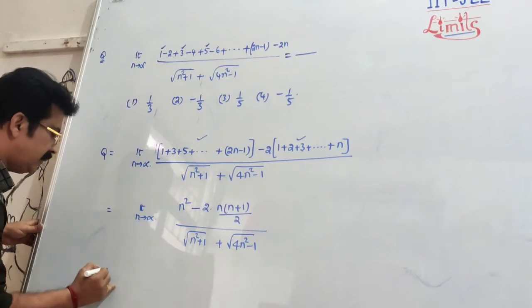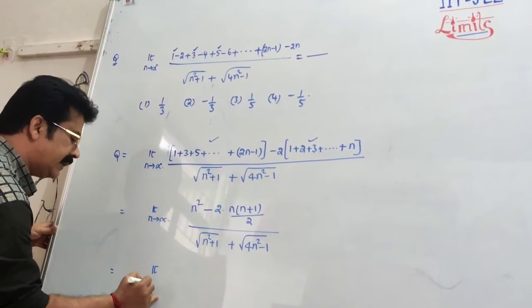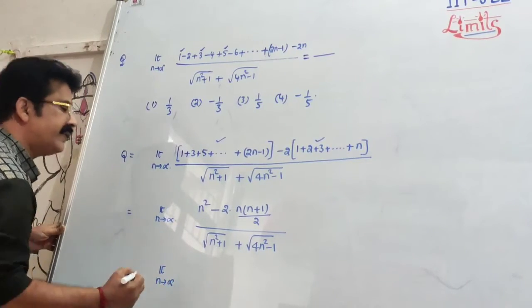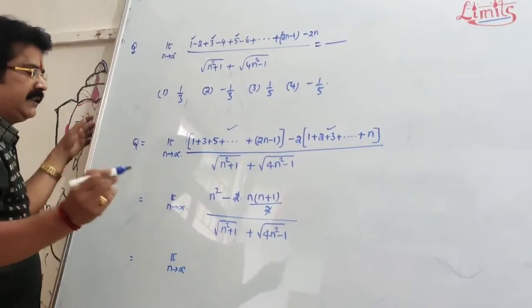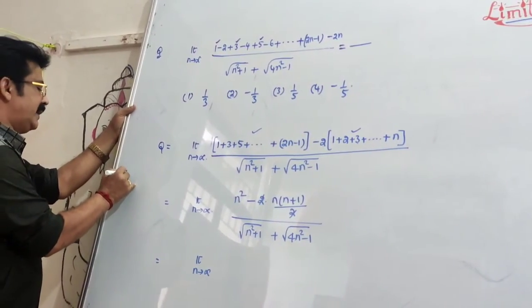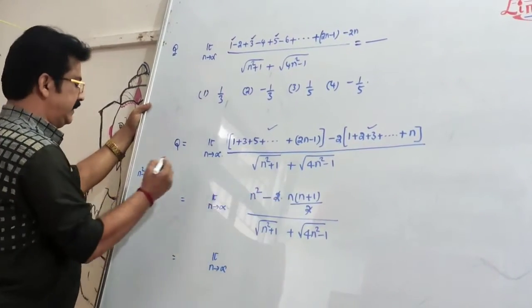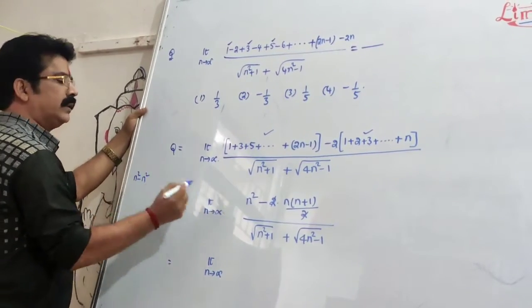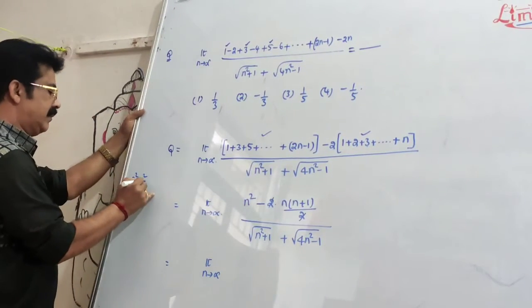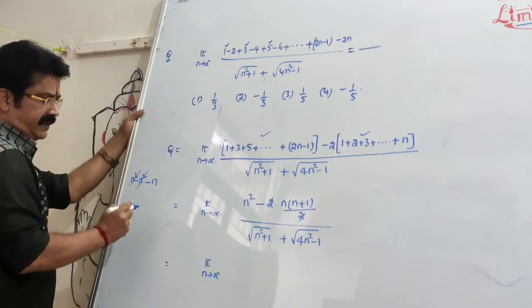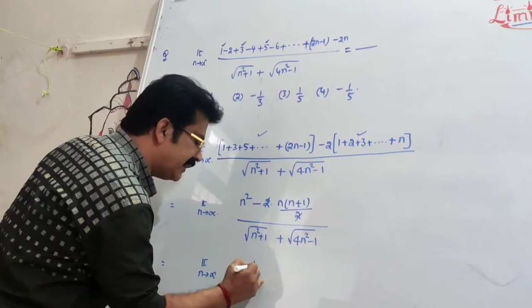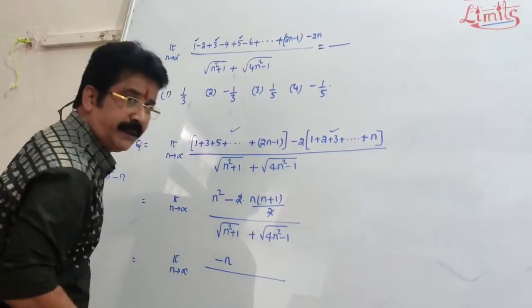So that is equal to limit n tends to infinity. Here 2 will be cancelled. Let us simplify: n square minus n into n plus 1, that is n square minus n square minus n. So n square cancels, and it remains only minus n, whole divided by the denominator.